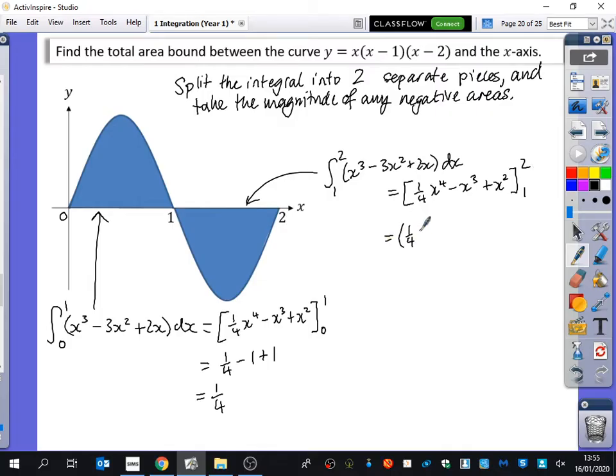That's a quarter times 2 to the 4 minus 2 cubed plus 2 squared. Minus, well, I know when I substituted 1 in, I got a quarter, so I can just do that. So it's 4 minus 8 plus 4 minus a quarter. So we get minus a quarter.